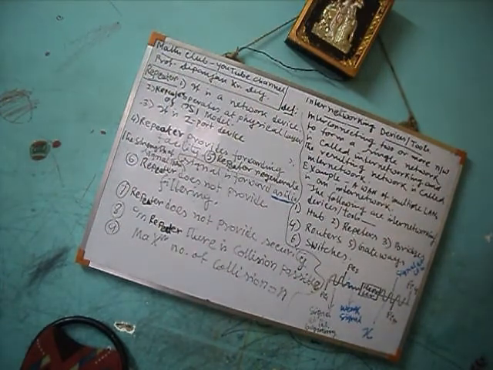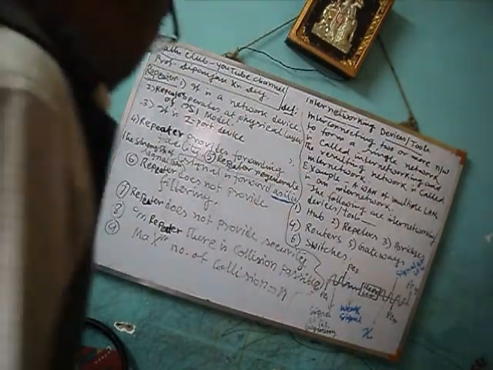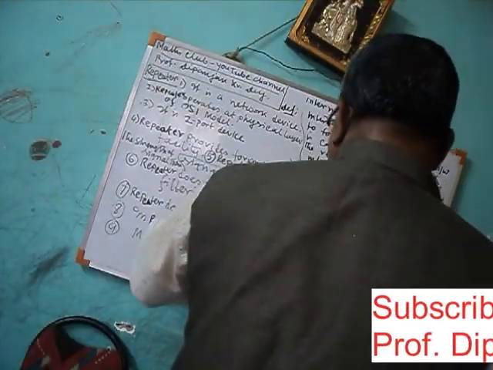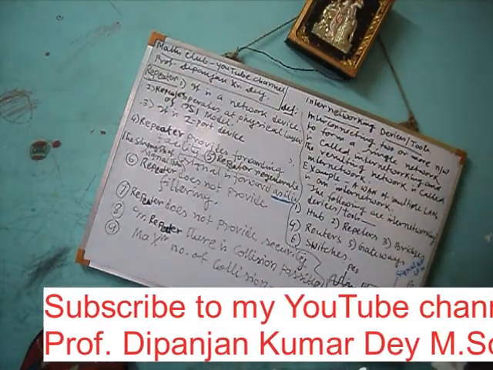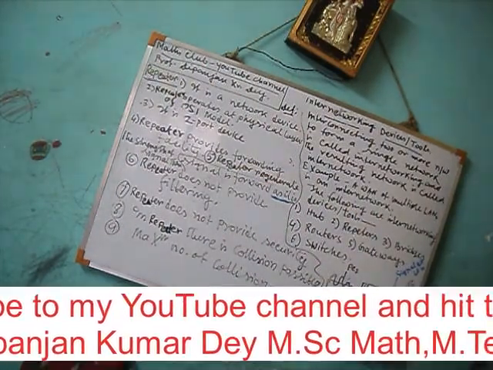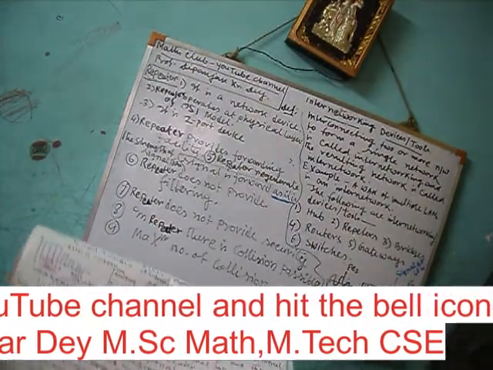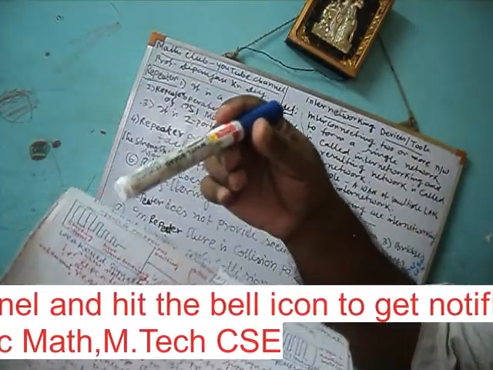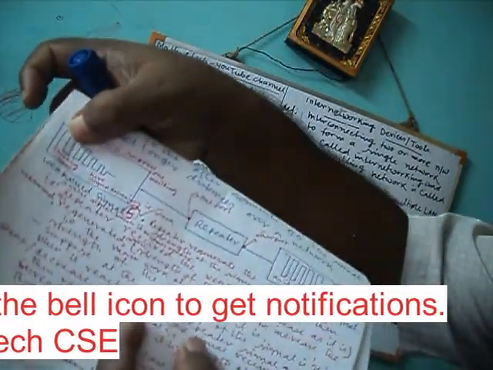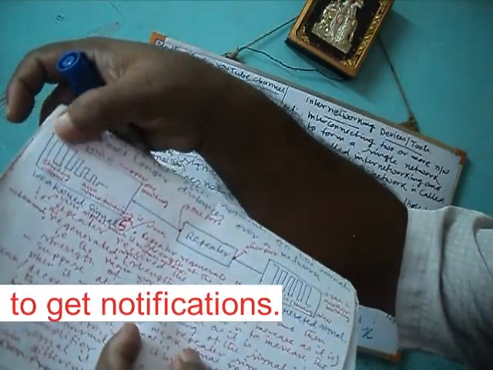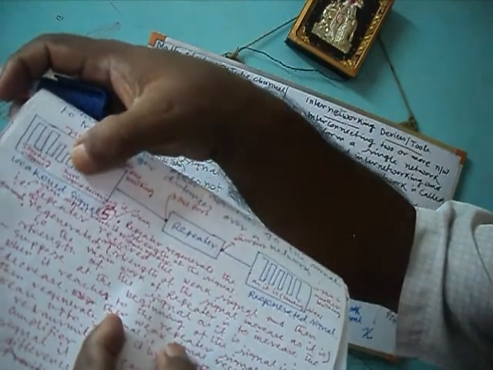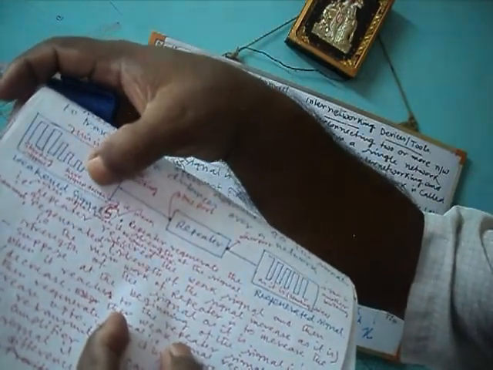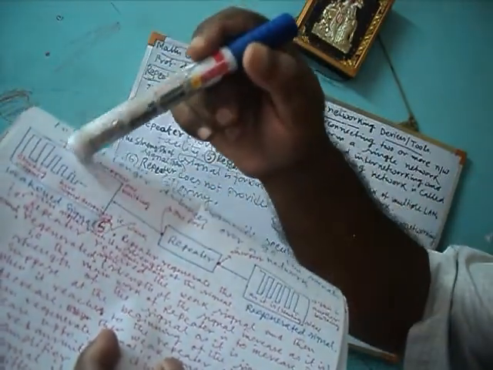Now I am coming to point number 6. A repeater does not provide filtering. You see the figure: this is the strength of the signal at the beginning, then it decreases and becomes weak.